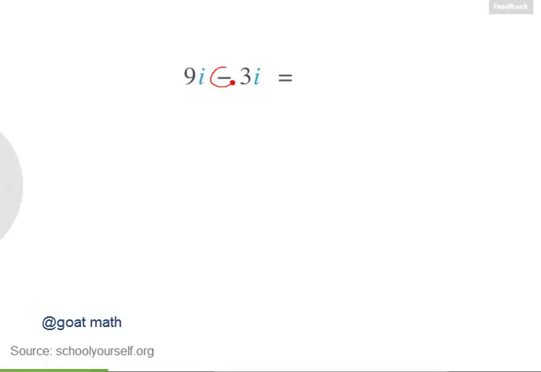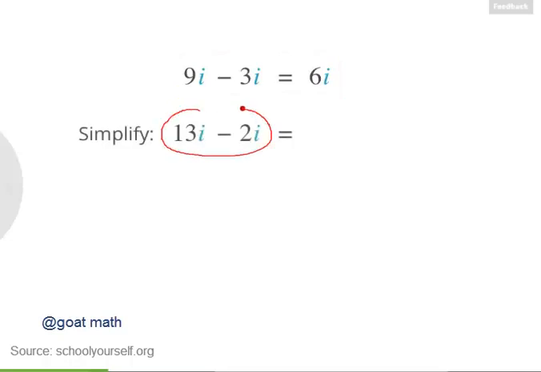Next, let's subtract imaginary numbers. What's 9i minus 3i? Well, if you have 9 of something and subtract 3, that leaves you with 6 of something, right? So 9i minus 3i equals 6i. So then what would you say is 13i minus 2i?